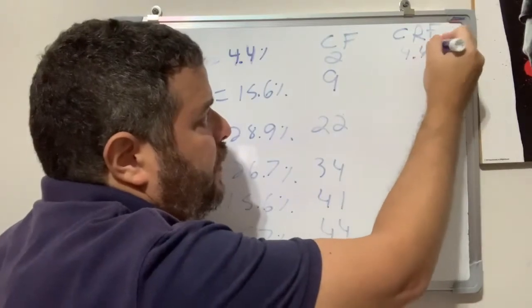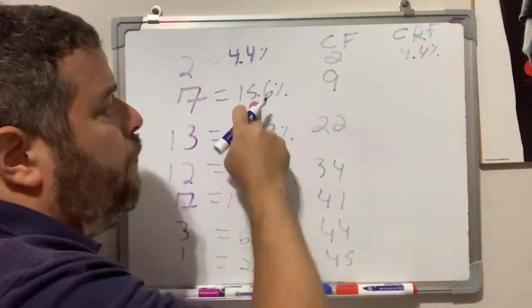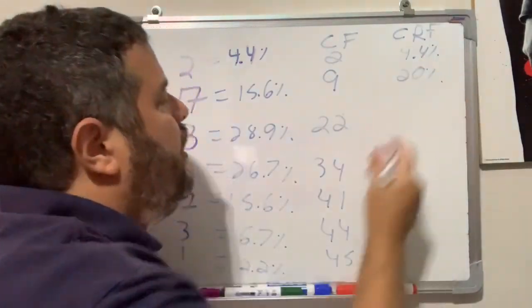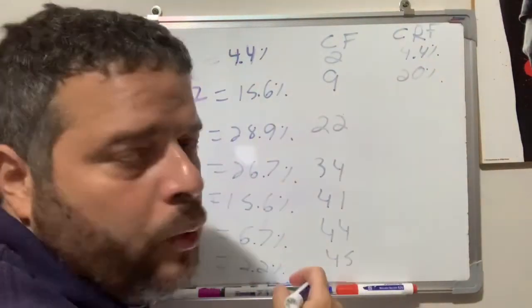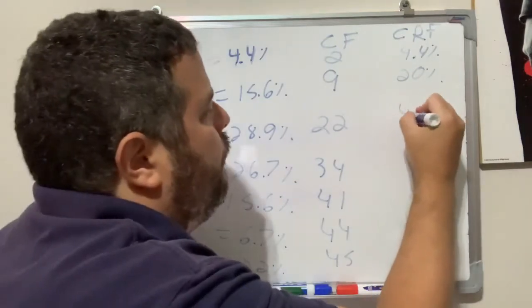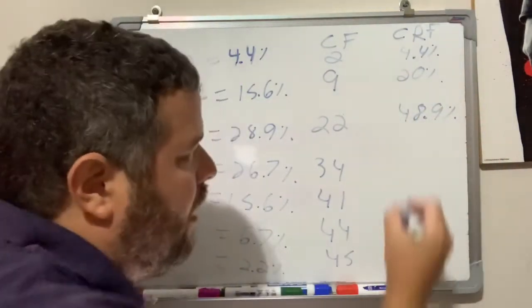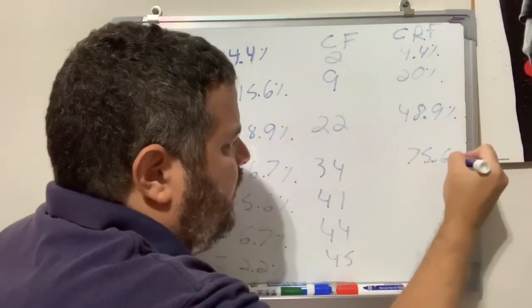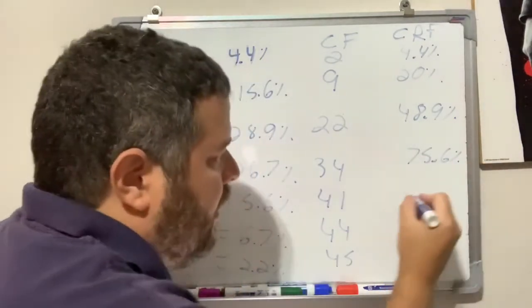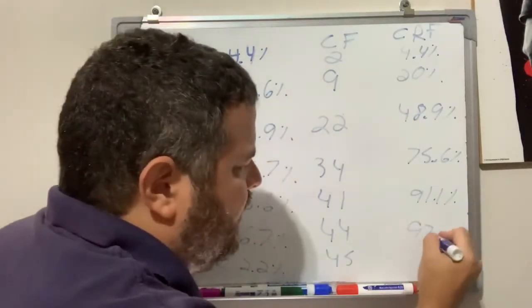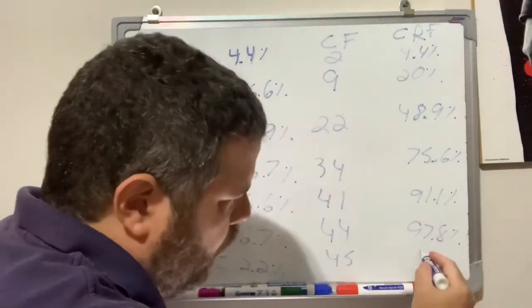Then if you add 4.4% and 15.6%, that's going to give you 20%. Then if you add 20% plus 28.9%, that gives you 48.9%. And for the following ones, we have 75.6%, 91.1%, 97.8%, and 100%.